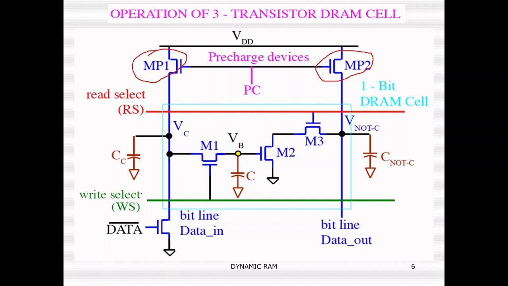For that purpose, I select write select equal to 0, so that transistors M1 and M2 become off. I also select row select equal to 0, so that transistor M3 will be off. The main objective of the pre-charge operation is, with the help of transistors MP1 and MP2, to set the initial voltage across these two column capacitances. So this is called the pre-charge operation.